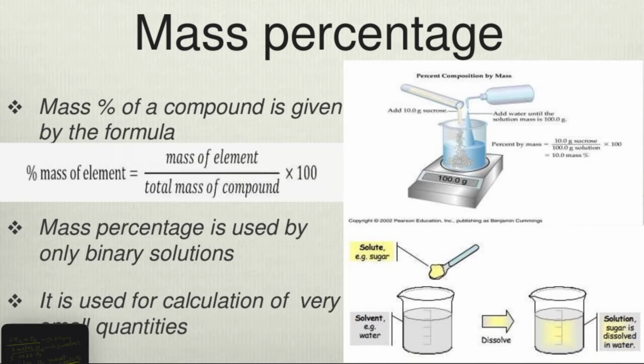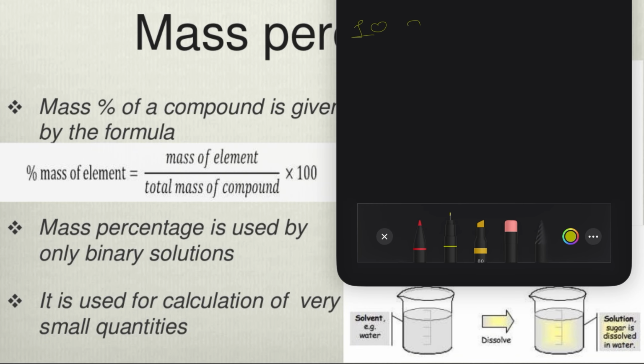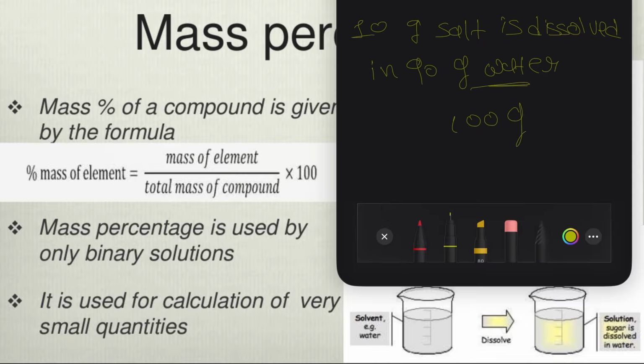For example, we can take 10 gram of salt dissolved in 90 gram of water. The total mass of solution is 100 gram.